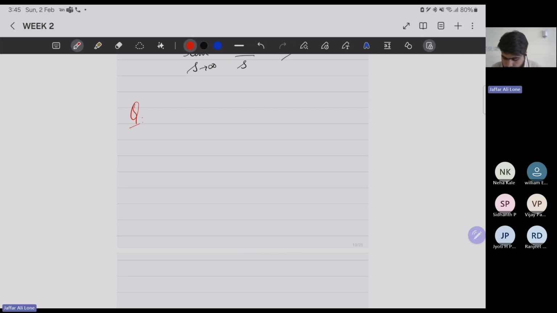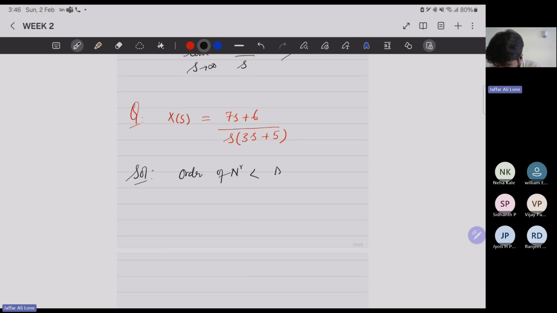Next question, find the initial value and the final value of the function 7s plus 6 divided by s into 3s plus 5. Again, we can see the degree of the numerator is less than that of the denominator.